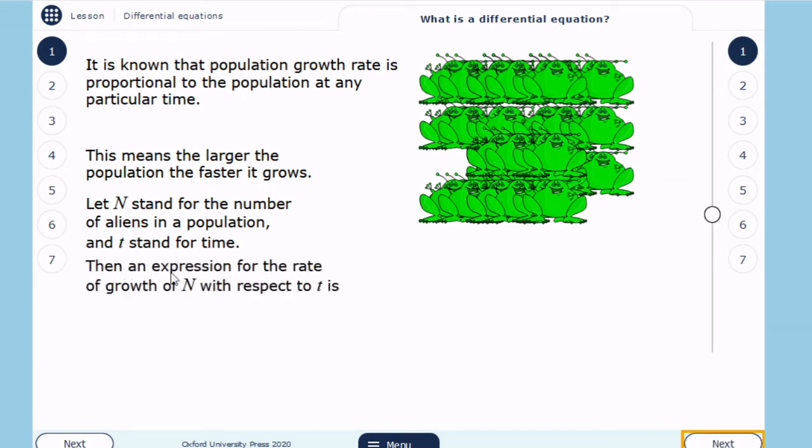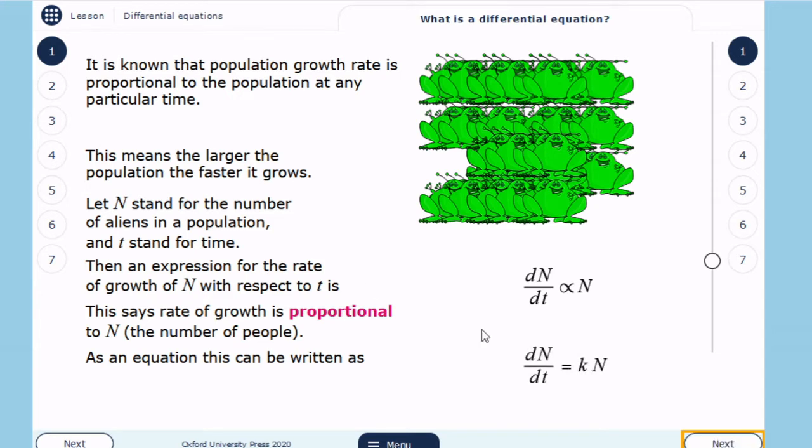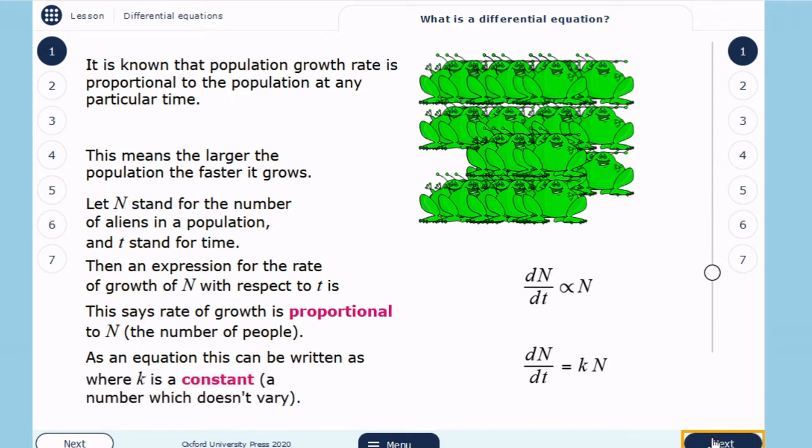Then an expression for the rate of growth of n with respect to time is something like dn over dt proportional to n, the population. This says a rate of growth is proportional to n, the number of people. As an equation, this can be written as dn over dt equals k, a constant, times n.